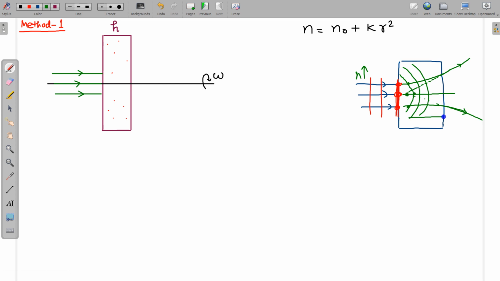And this distance is some kind of focal length, just like diverging lens. तो diverging lens में जिस तरीके से होता है कुछ वैसे ही यहाँ पे हो रहा है, and this distance we can treat like focal length.